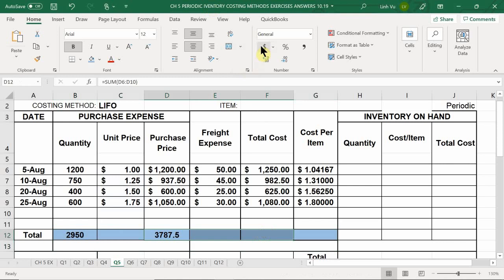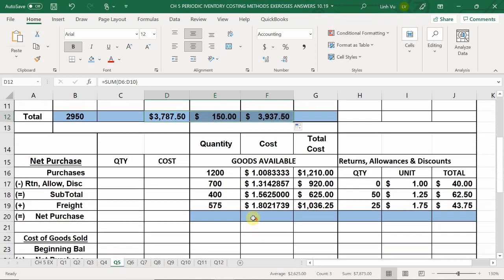What's my total freight? $150, bringing me a total cost of $3,937.50.